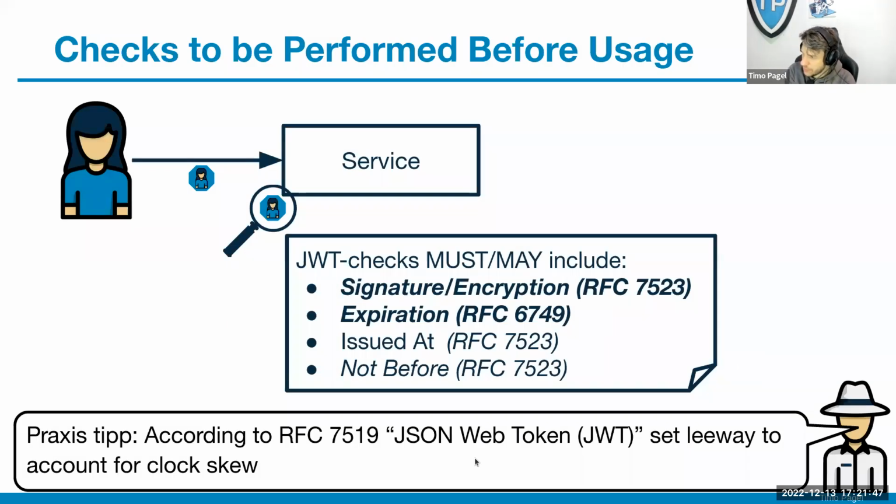And you might want to configure a leeway. In case your clock is not 100% in sync with the clock of the identity provider, it might cause mismatches, especially with a not before claim. So a leeway is there to help. So you say, I accept plus minus 30 seconds, for example.